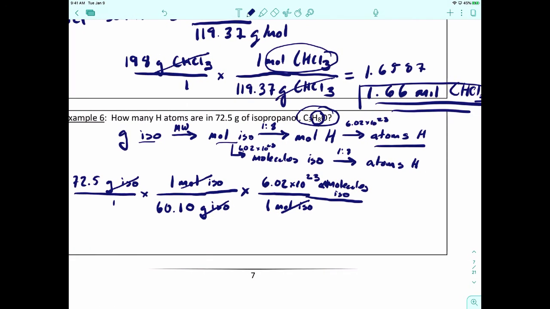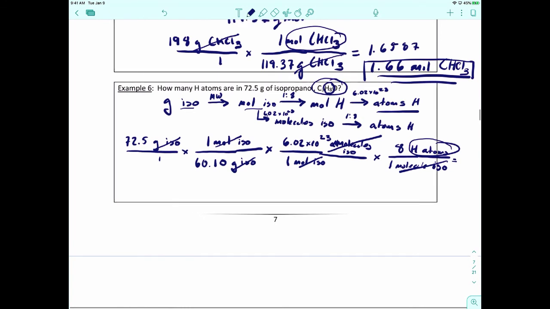Now, to use that next ratio, I have to convert from molecules of isopropanol to atoms of hydrogen. So for every 1 molecule of isopropanol, you need 8 hydrogen atoms. That way molecules of isopropanol cancel out. And look at that, the unit is right. All right, so we're at hydrogen atoms.